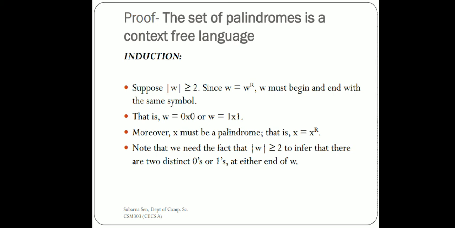Now over the alphabet 0 and 1, what are the possible choices? It can either start with 0 and end with 0, or it can start with 1 and end with 1. And there can be any number of zeros and ones in between, provided that the set of zeros and ones is a palindrome itself. So if we assume that the middle string is X, X should be equivalent to its reverse.